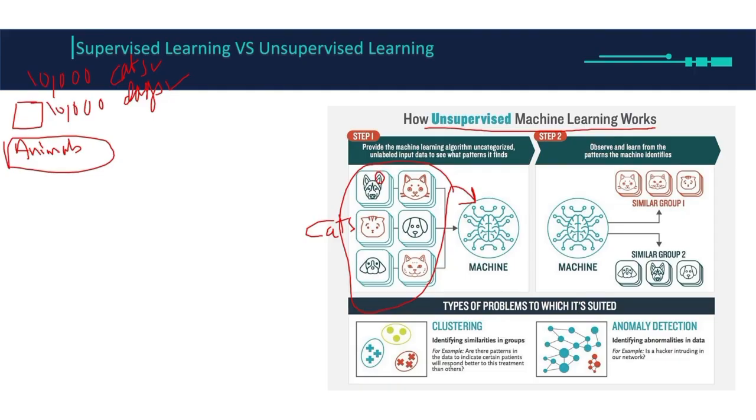If this dog has a pointy ear and this cat has a pointy ear, I'm going to group them into a cluster. It's going to be a folder called cluster 1. If I click on that cluster 1 folder, I'll see all the images of animals, let's say only dogs and cats, with pointy ears.